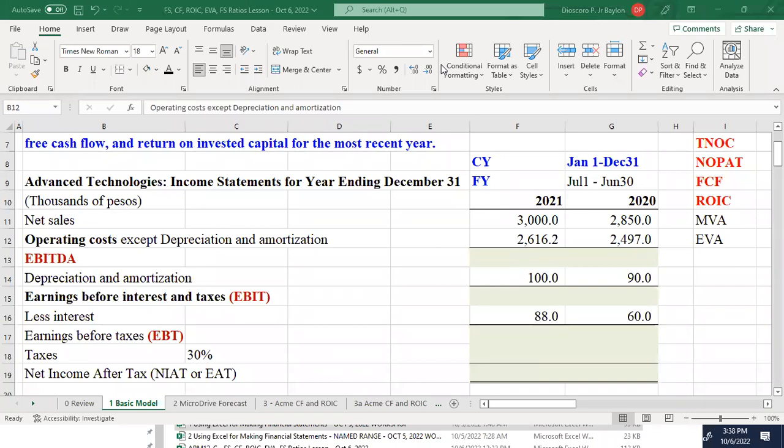Bakit siya dinidepreciate? Kasi ang principle dyan sa accounting, di ba, yung matching principle. So when you invest in an asset like machinery, okay, it's not only the current year that's bound to benefit from the use of the equipment. So matching principle means you match your revenues and your expense.